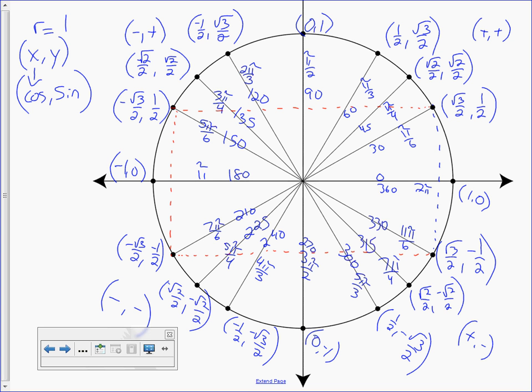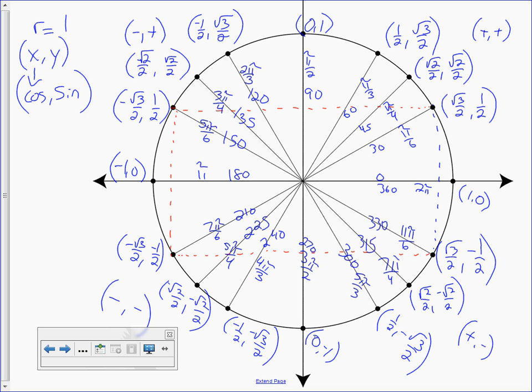Now, is that a lot to know on this? Yeah. But if you know the first quadrant, everything falls into play from the first quadrant. Here's a real short way to remember the first quadrant. Look at your ordered pairs. It goes cosine, sine. Do you agree? Cosine, 3, 2, 1.